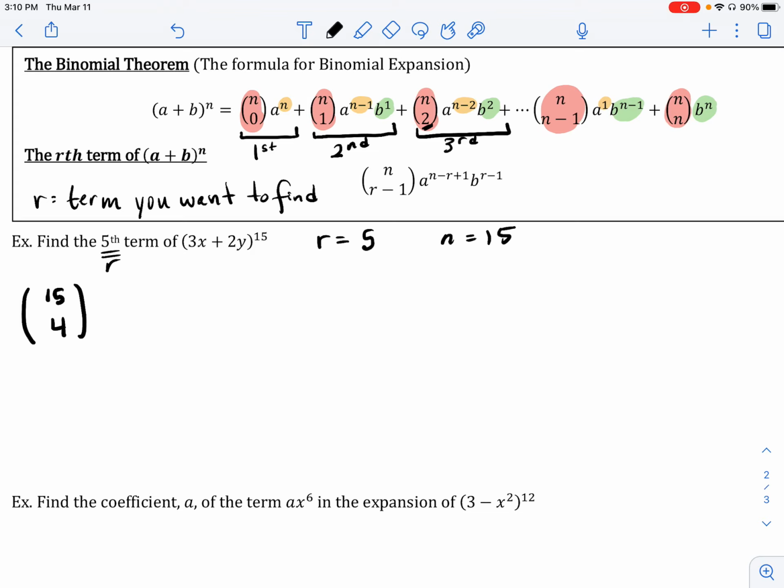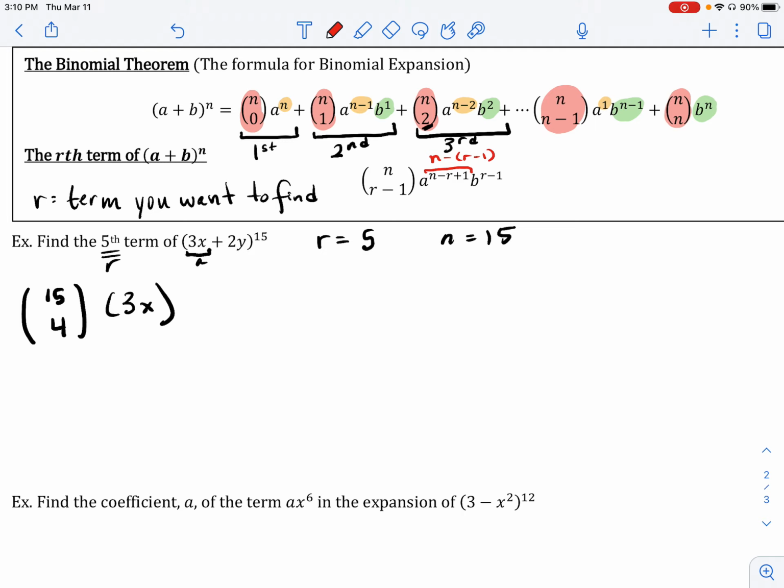Now from here, the rest of it is pretty easy. We're going to then take our A value. In this case, our A value is 3x, so 3x. And this part right here, don't let this confuse you too much. All we're saying is n minus whatever your r minus 1 is. And I just went ahead and distributed that negative, which is why it looks like n minus r plus 1. So that's not a typo.